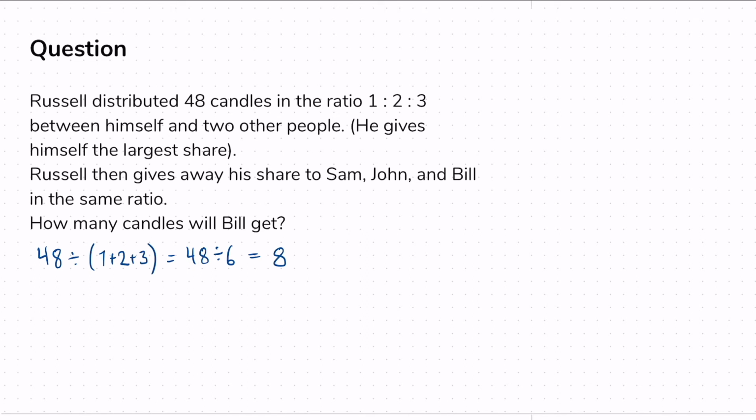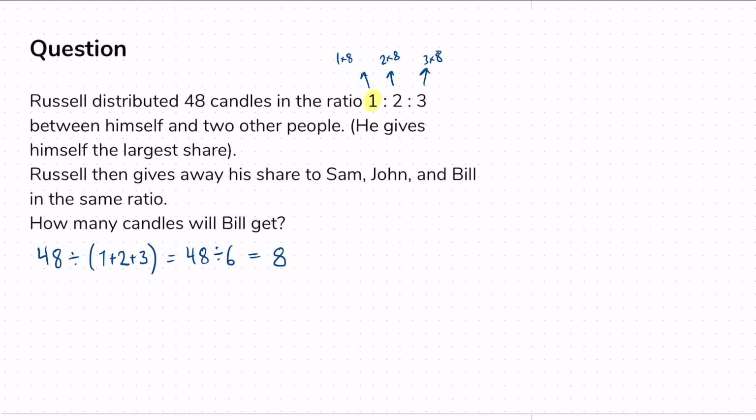Okay, so what we're getting here is there are 8 groups. So if there are 8 groups, then we're going to change this to 1 times 8. This one becomes 2 times 8, and 3 times 8. So what does this become?